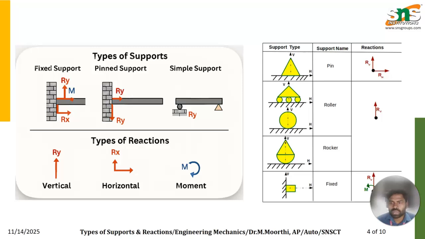The next one is the roller. In the roller support we have two different motions: one is rotation and the second is linear motion, depending on the axis of the roller. And finally we have the fixed support, where we have horizontal, vertical and moment.